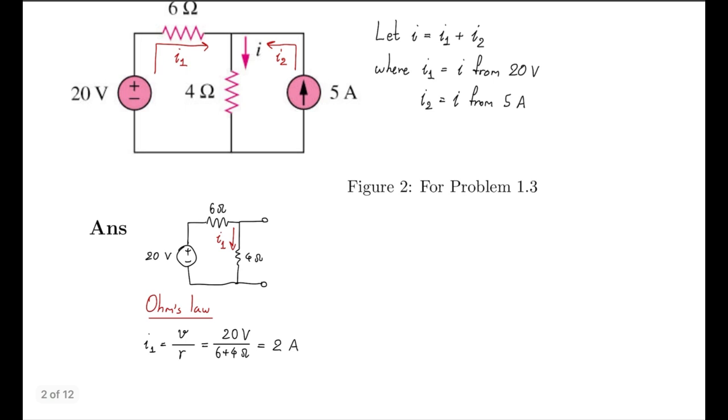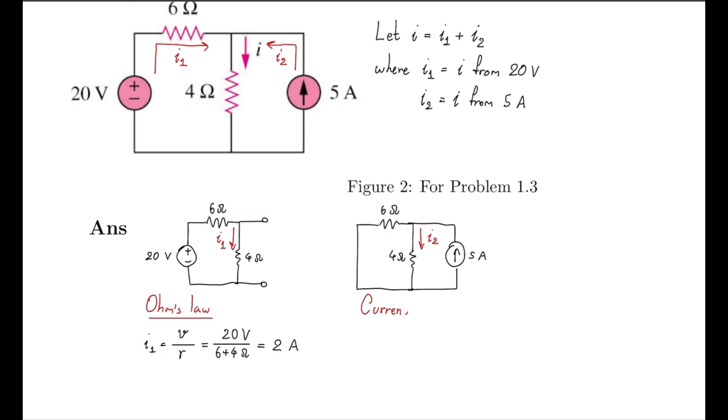Next, we will analyze the current I2. Redraw the circuit with the 20 volts voltage source turned off. A voltage source when turned off becomes a closed circuit. Then, we have a parallel circuit with a single current source.